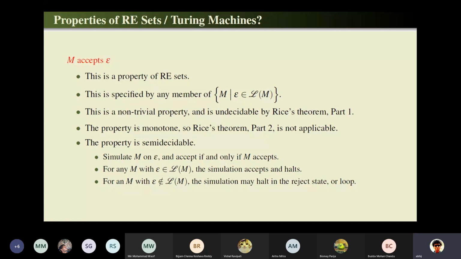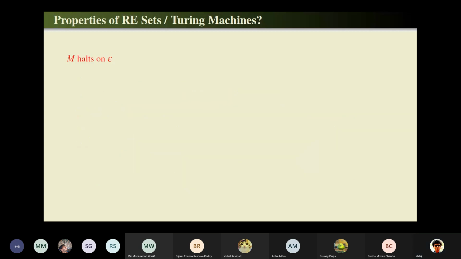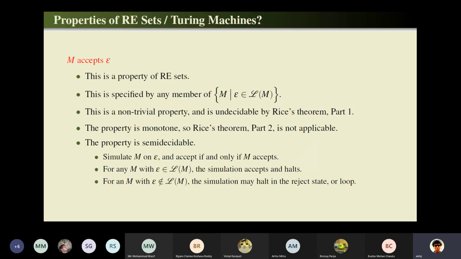But anyway, this issue whether epsilon belongs to the language of M can be settled by blind simulation of M on epsilon. Therefore, this is a Turing machine, not necessarily total, for semi-deciding this property. So this language is RE. It's undecidable, but semi-decidable.